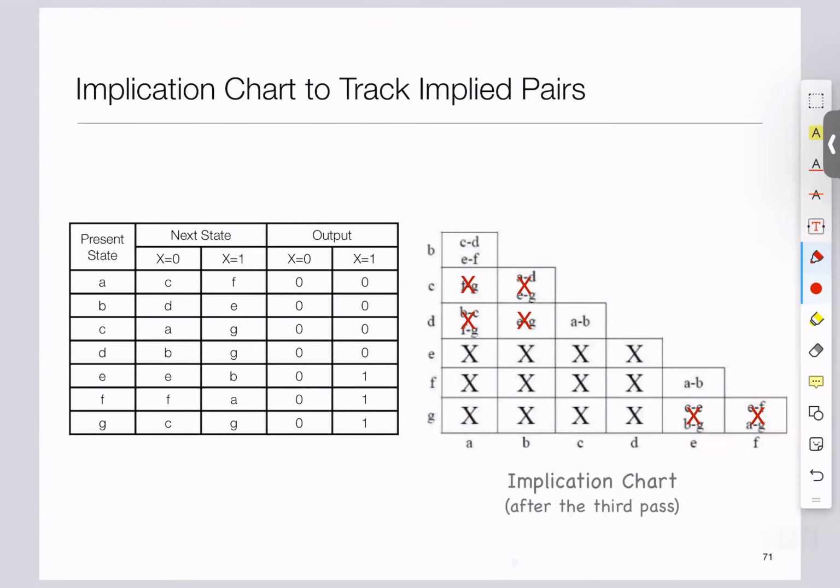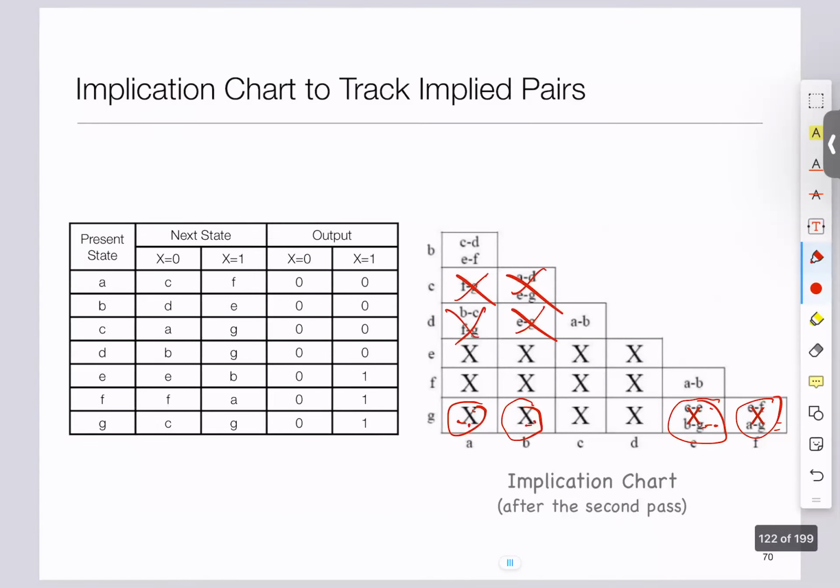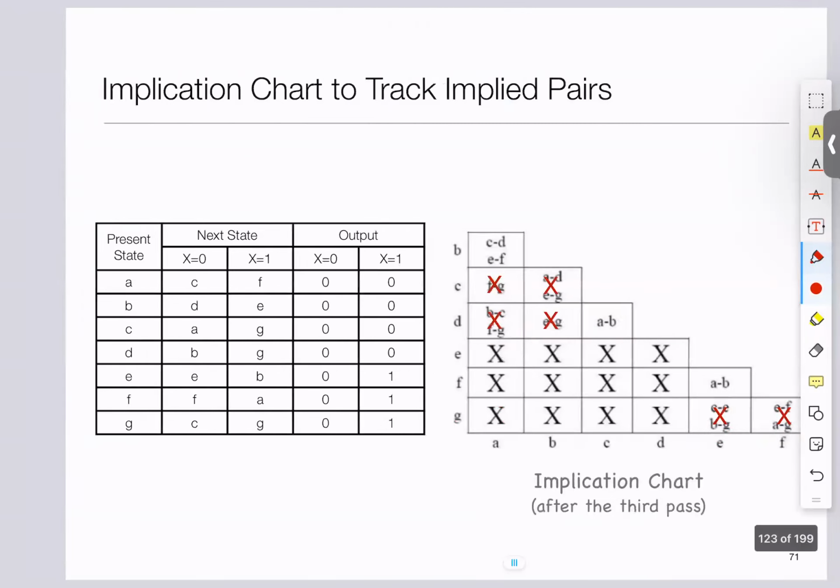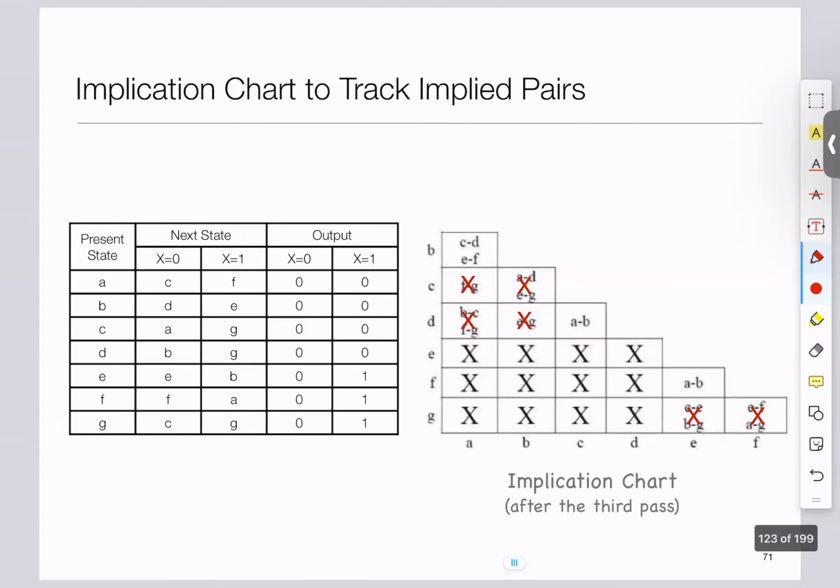So is that clear? Okay, so in every pass we get some more non-equivalent states, and that in turn we keep percolating. With this multi-pass process we end up with this. Now we end up with the situation which is basically saying B is equivalent to A if C is equivalent to D, but C is equivalent to D if A and B are equivalent.